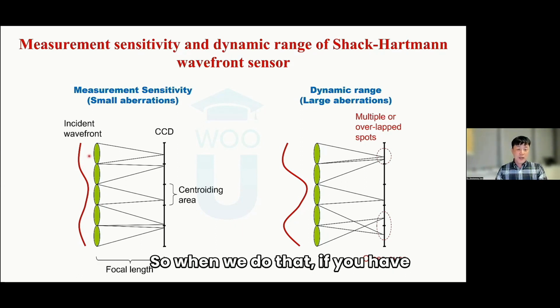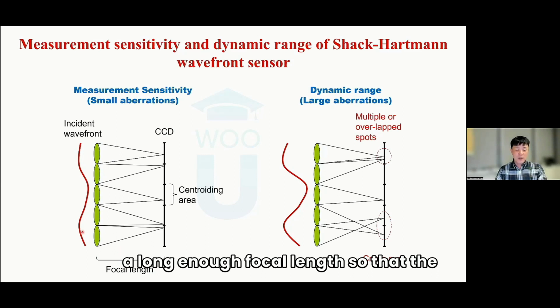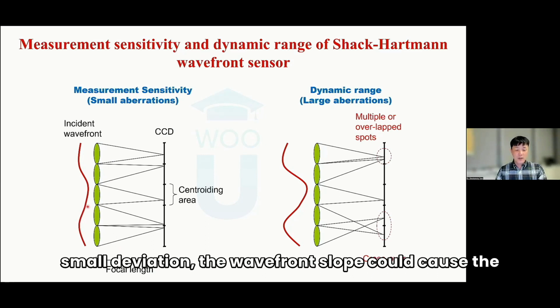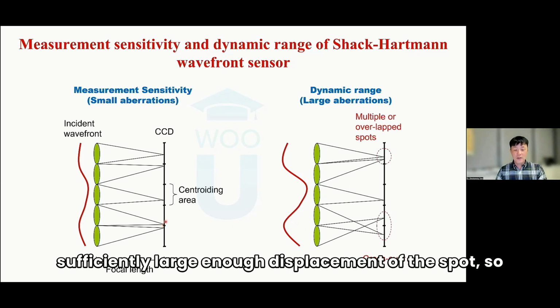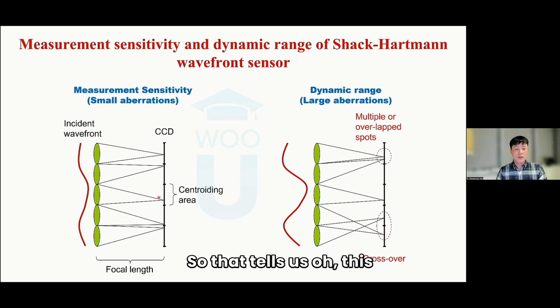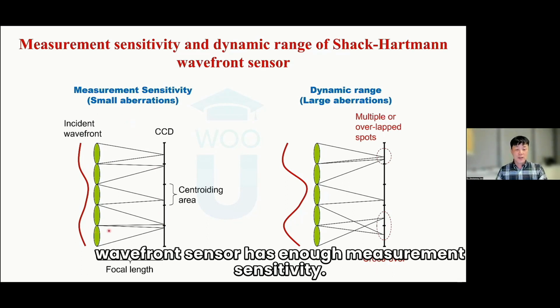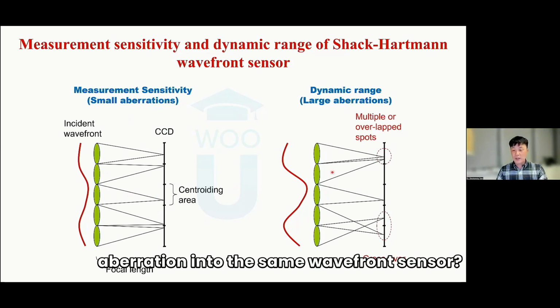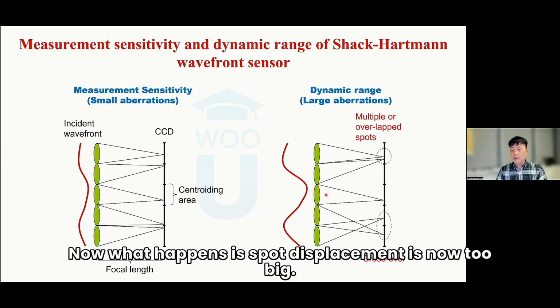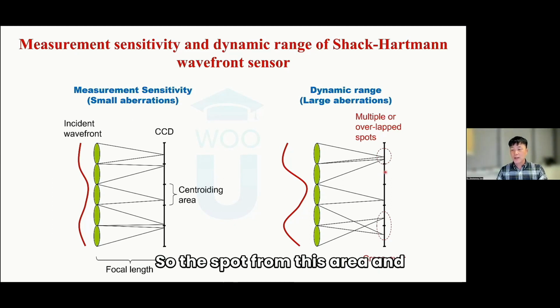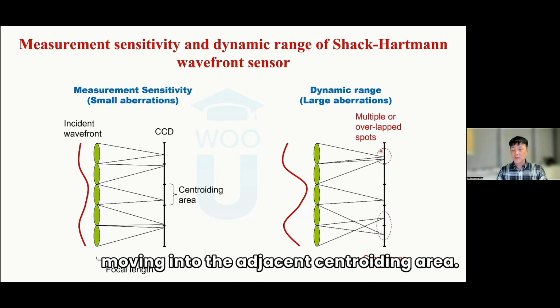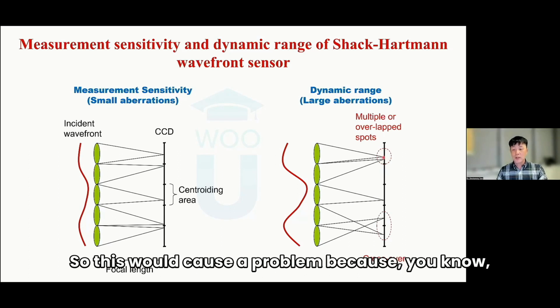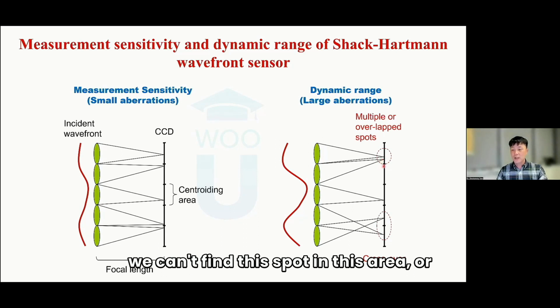Quite often, they have a very interesting trade-off. If you have a long enough focal length, a small deviation of the wavefront slope could cause a sufficiently large displacement of the spot so that the program could detect that displacement, and that tells us this wavefront sensor has enough measurement sensitivity. But what if you put very large aberration into the same wavefront sensor? Now the spot displacement is too big, and the spot moves into the adjacent centroiding area, which causes a problem because we can't find this spot in this area.